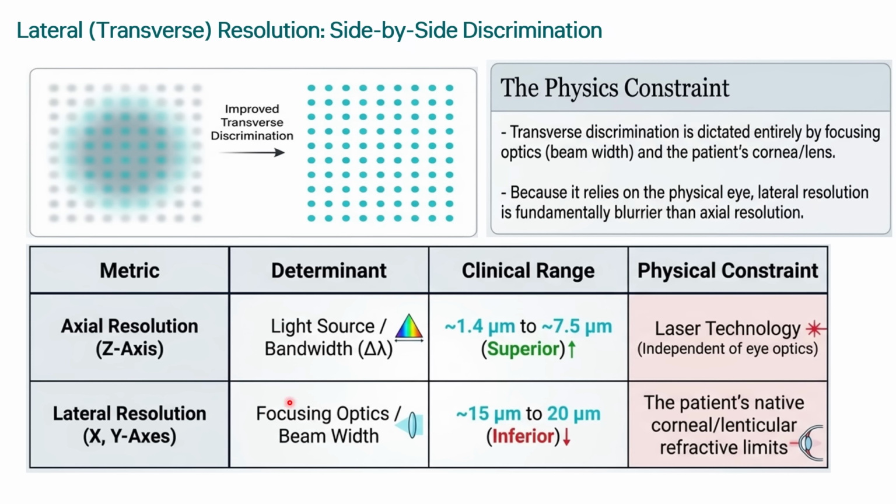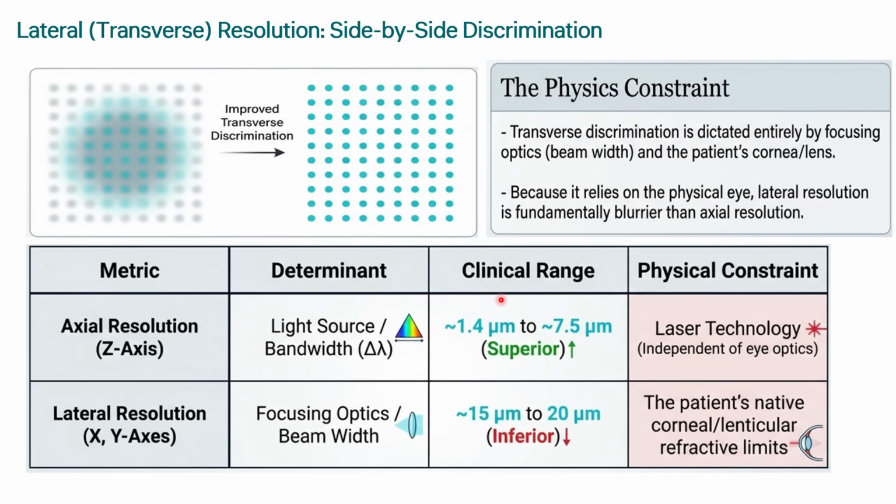That's why there is no relationship between the axial resolution and lateral resolution in OCT. And this is very important because in other optical systems, for example, in the indirect ophthalmoscope or the slit lamp, if the axial resolution increases, the lateral resolution will decrease because the factors governing the axial and lateral resolution are the same in those systems. But in the OCT, no, there is no correlation between the axial resolution and the lateral resolution.